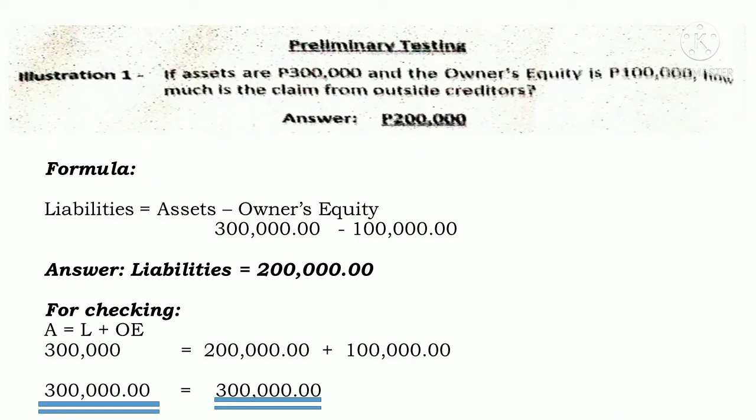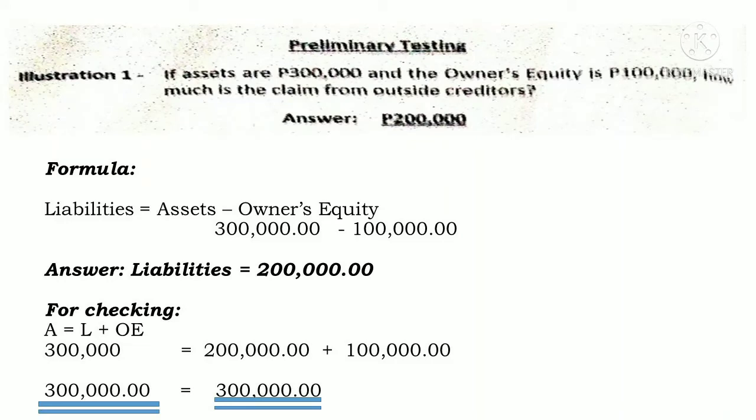So ang ipangita kung pila ang liabilities. So, assets minus owner's equity para makuha pilay utang sa business. So, 300,000 minus 100,000. So, ang liabilities is equals to 200,000.